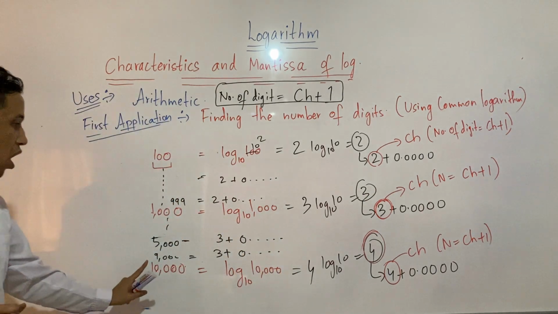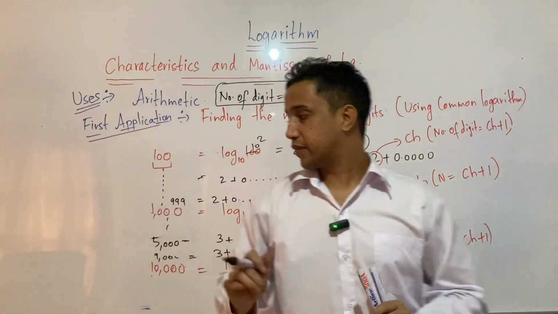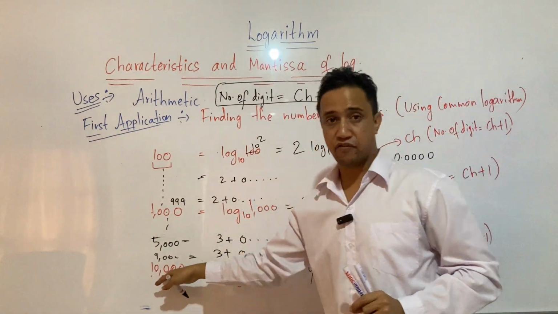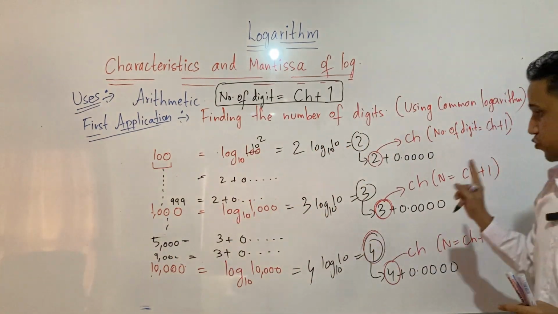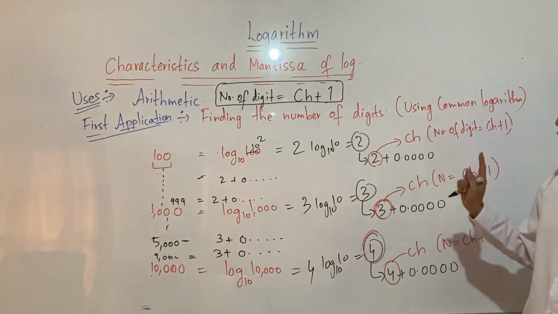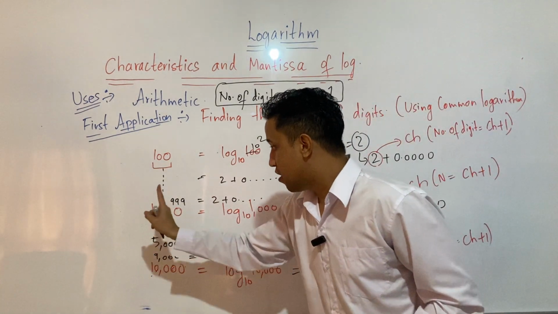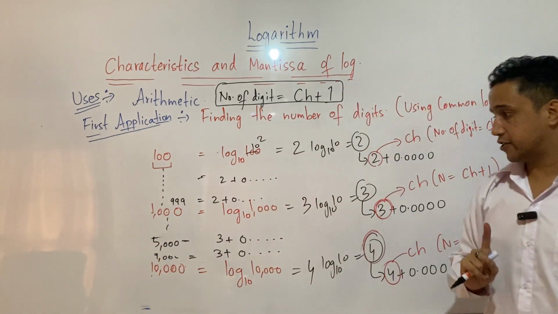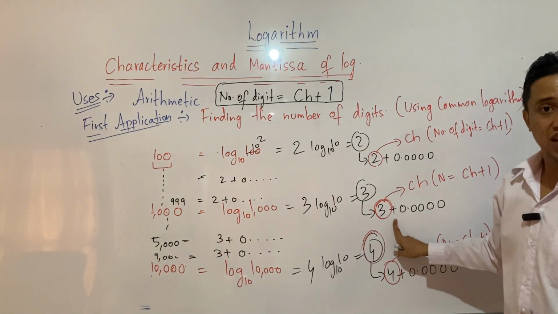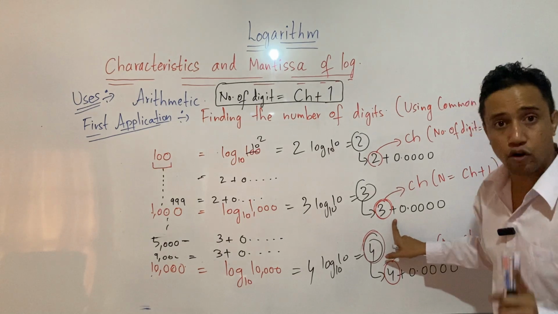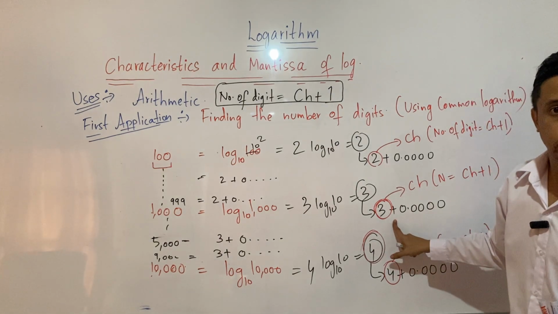So any number after 1000 and before 10,000 is going to have a characteristic of 3. That's why the number of digits in any number from 1000 to 10,000 is going to be 3 plus 1, 4. I hope it made sense to you.